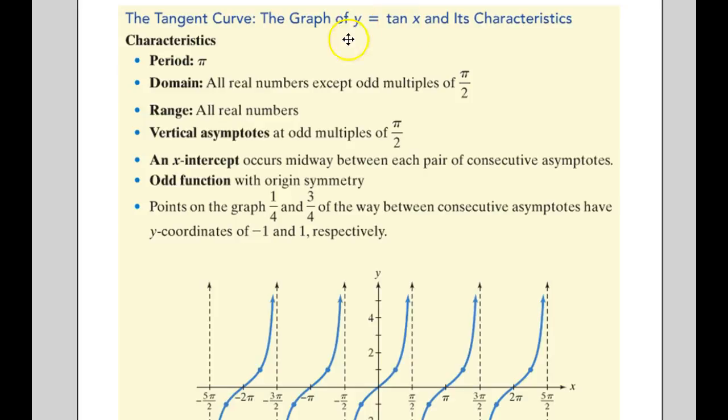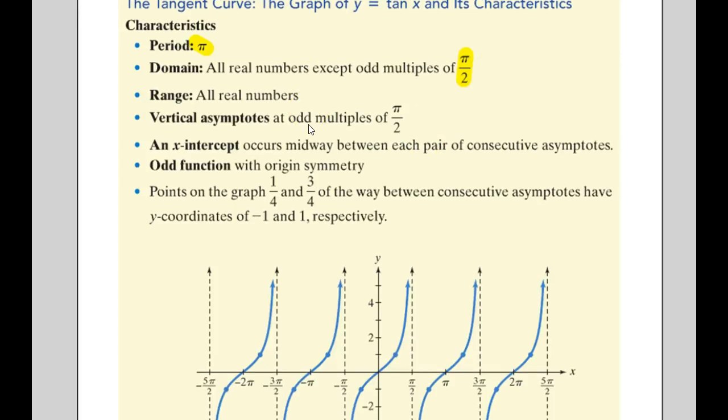Alright, the graph of the tangent curve, its characteristics: the period is pi, as we just said. The domain is all reals except the odd multiples of pi over 2. So what does that mean? That means multiplying pi over 2 times 1, 3, 5, 7, 9. So pi over 2, 3 pi over 2, 5 pi over 2, 7 pi over 2, and then the negative versions of those numbers.